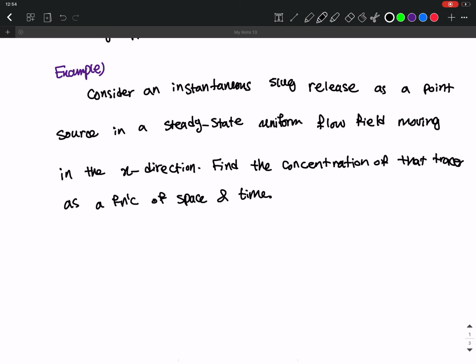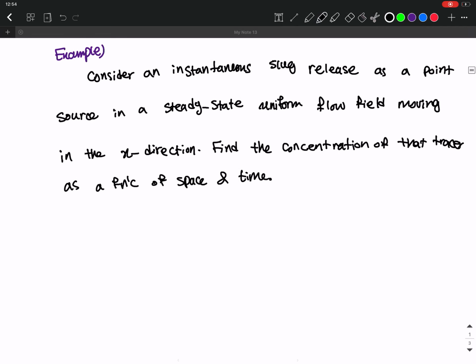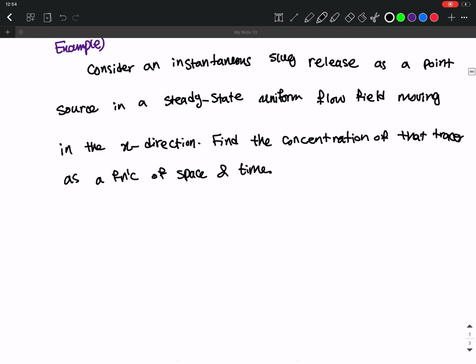Okay. So the governing equation of this tracer motion is as follows.